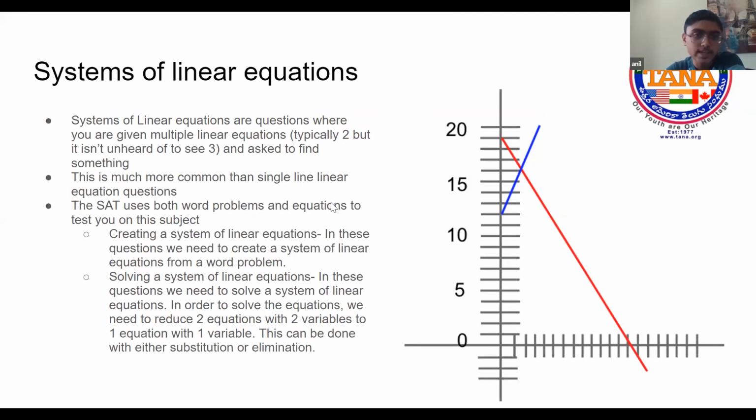The SAT uses both word problems and equations to test you on the subject, either giving you a word problem with all the necessary details to make a system of linear equations, or giving you 2 or 3 linear equations and asking you to solve for x, y, or even z if there's a third one.